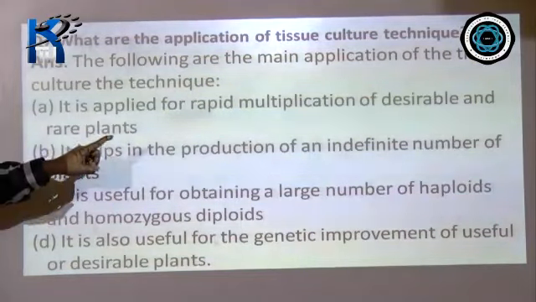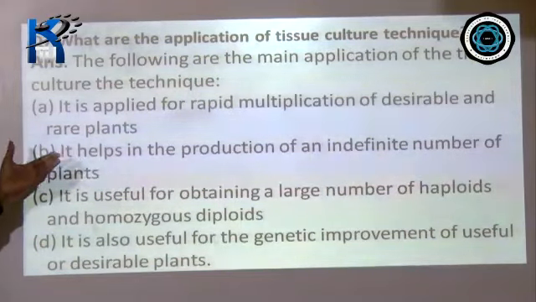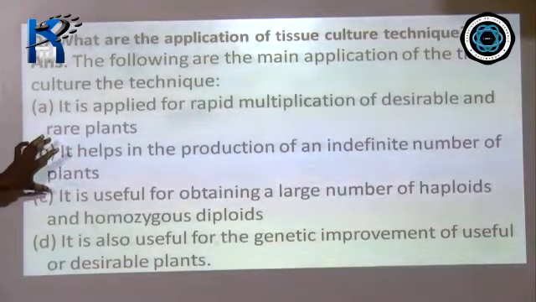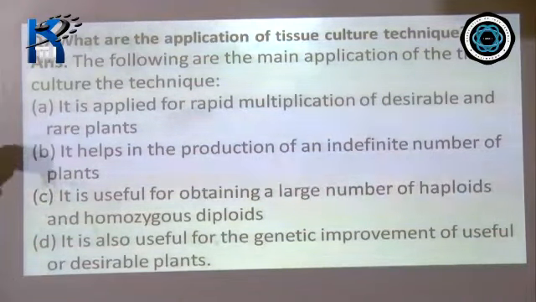It is applied for rapid multiplication of desirable and rare plants. Any rare plants that you want, you require fast, quick, easy growth, and on a large scale.